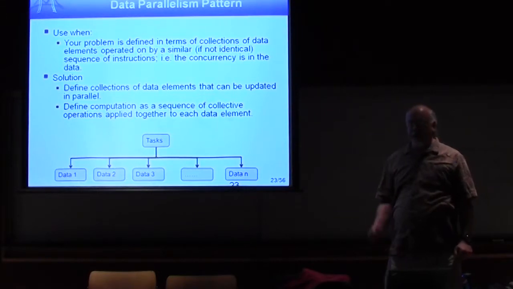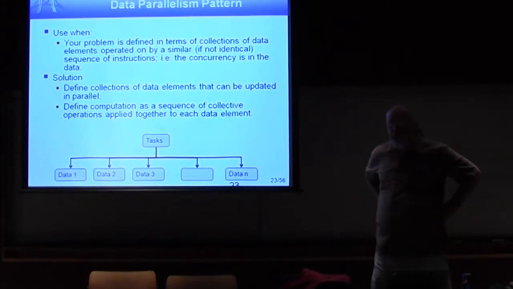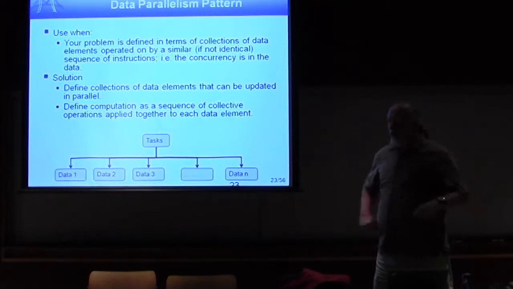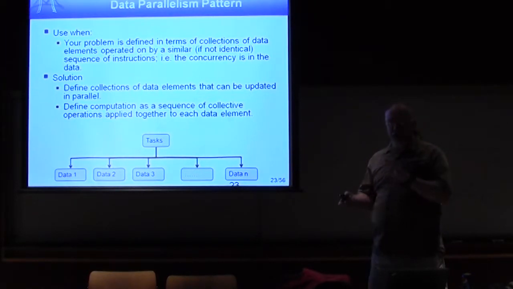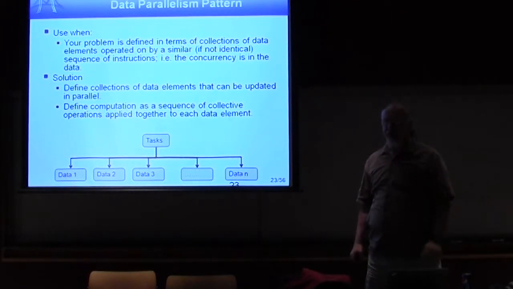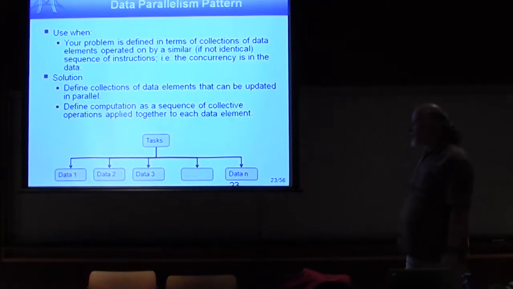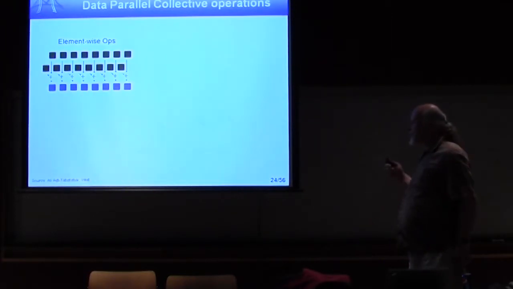Like the homework, right? Like matrix multiplication. Yes, our matrix is decomposable, although there is some sharing, since different elements are reused in different ways. But we'll see even more data parallel examples.